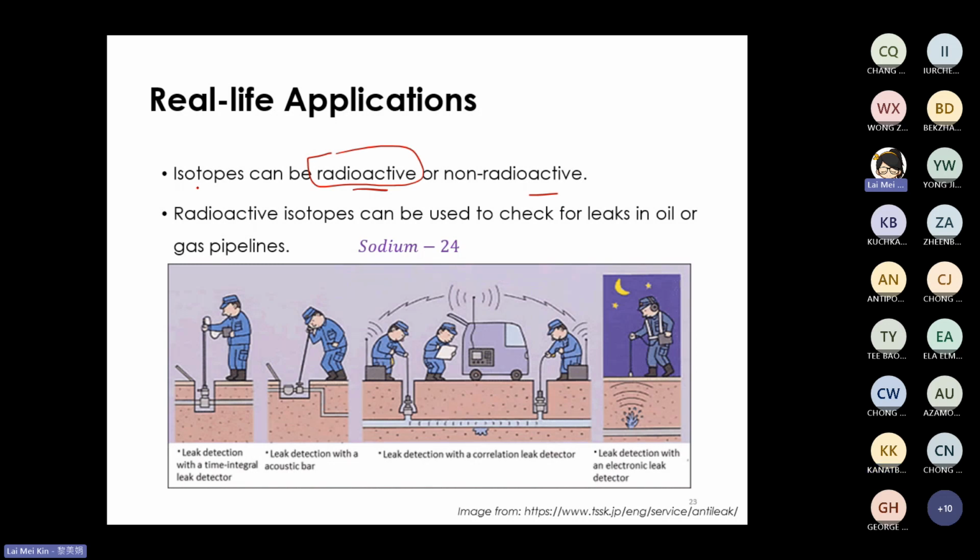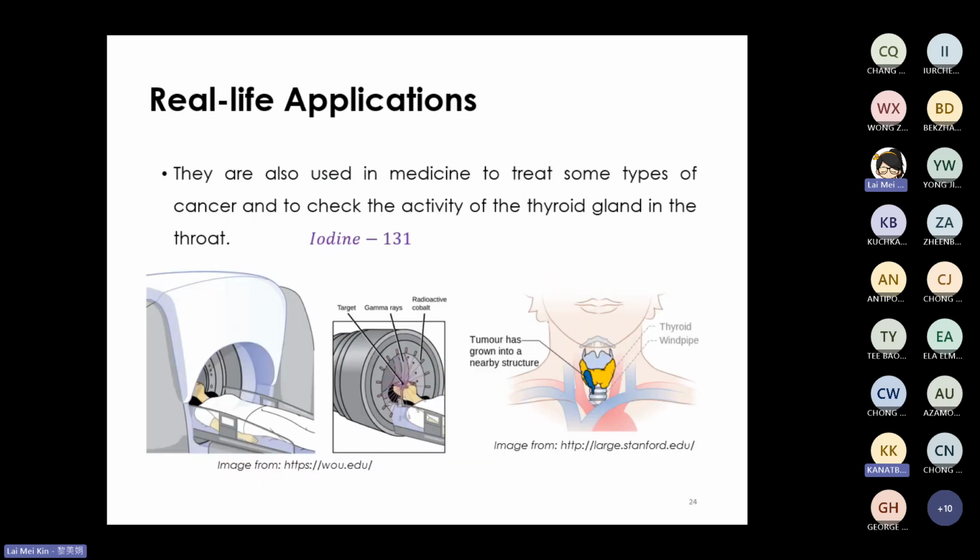Radioactive isotopes, for example sodium 24, can be used to check for leaks underground, because it is impossible to keep digging and check whether there are leaks. So I run it through using a machine, because if there are leaks in the pipe, it's going to explode, and you don't want that to happen.